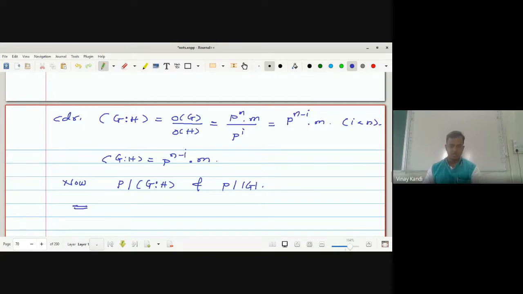By the previous theorem, what we have: the index of H in N(H) is congruent to the index of H in G mod p.